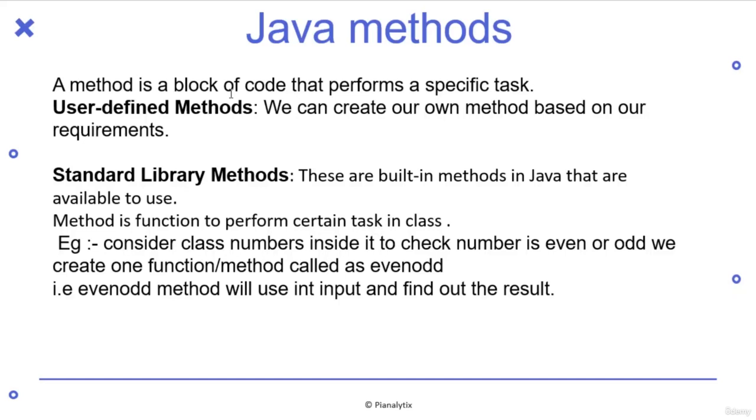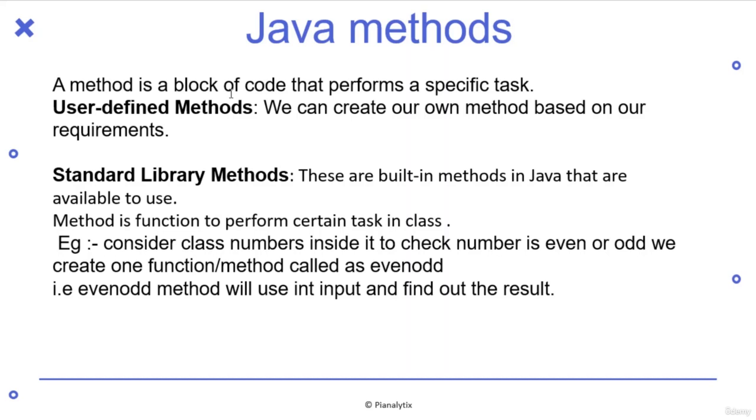Now there are two kinds of methods: user defined methods and standard library methods. User defined methods, like I'm going to create some methods here. Similarly, you can also create some user defined methods. Basically, it shows that they are user defined methods.